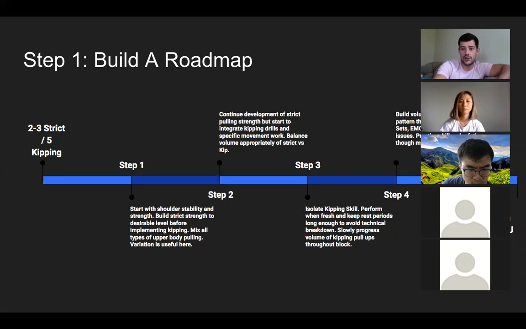If you were to jump straight to building kipping volume, which is what most people would do, they go, I just want to improve my kipping pull-ups, therefore I'm just going to practice kipping pull-ups, then you miss all of the steps required to be able to do this movement well. So taking that step back and looking at the bigger picture, and what you need to do individually to get from A to B, is more important than just saying, this is what I want to do, therefore I'm going to practice this thing until I can do it.